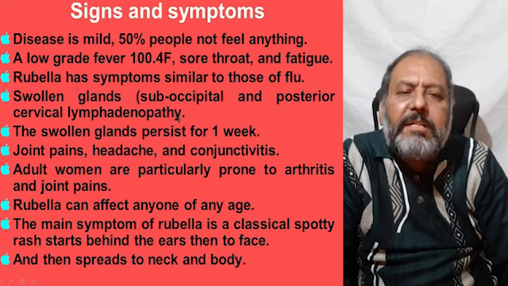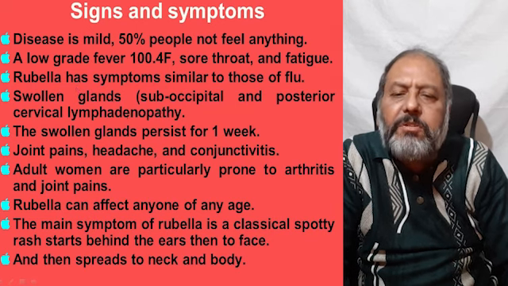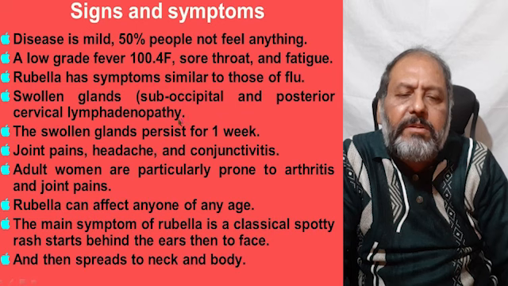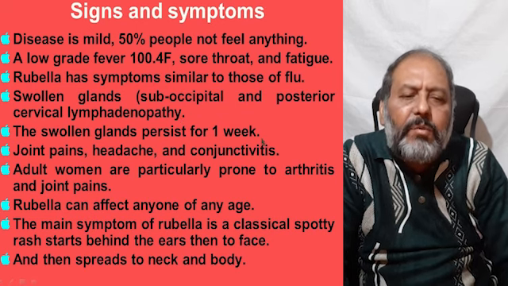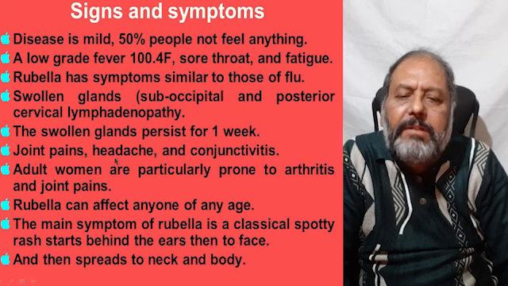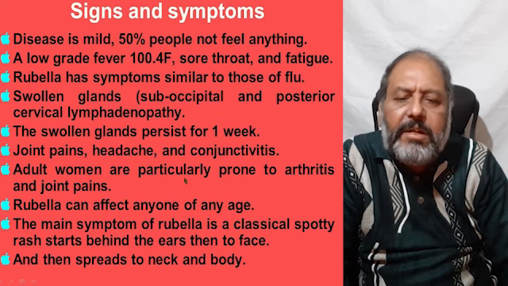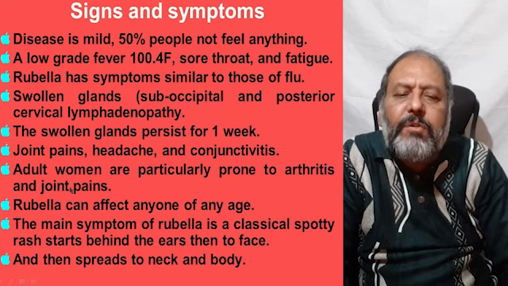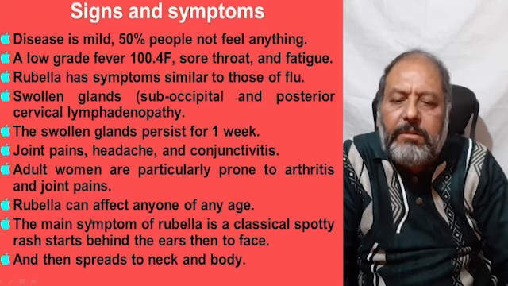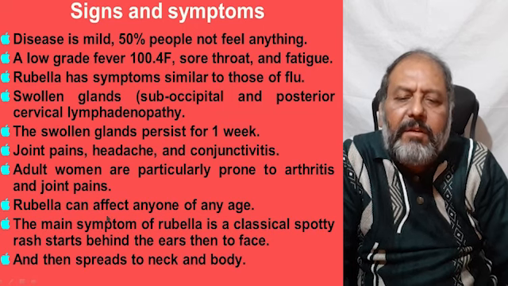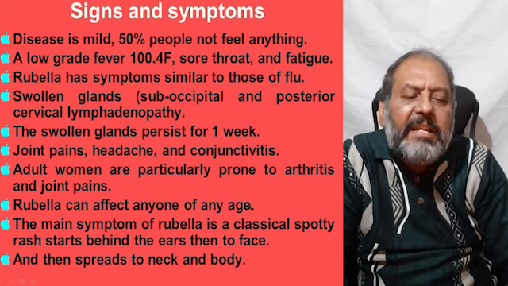Swollen glands, suboccipital and posterior cervical lymphadenopathy, are seen. The swollen glands persist for 1 week. Joint pains, headache, and conjunctivitis are seen. Adult women are particularly prone to arthritis and joint pains. Rubella can affect anyone at any age.